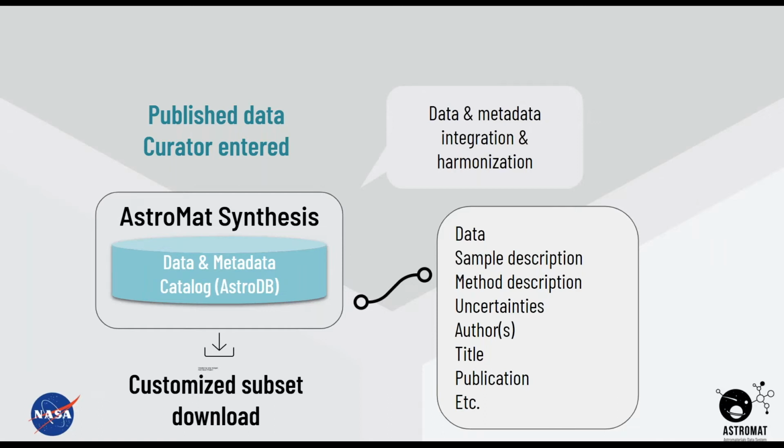Okay, so AstroMat synthesis is structured to integrate sample-based observations at the granularity of individual measurements and to store and link a wide range of ancillary information about the analyzed samples, the analytical process, and the data source, and that's essential for the reusability of the data.